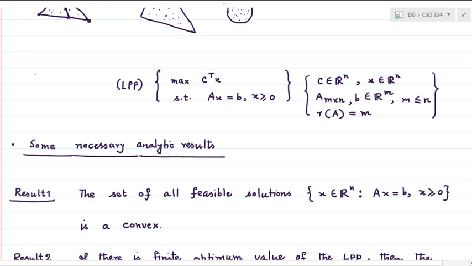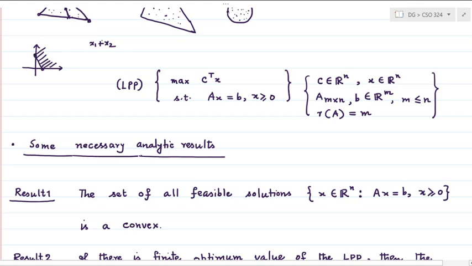For instance, let me suppose I want to maximize the function x1 plus x2, and I have the constraint set as this region. This is obviously a convex set, and it has only two vertices, this point and this point, finitely many vertices.